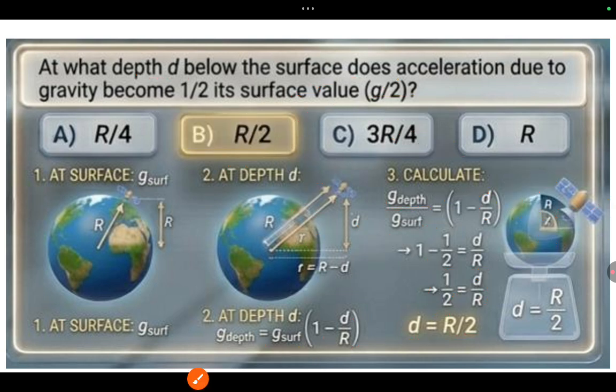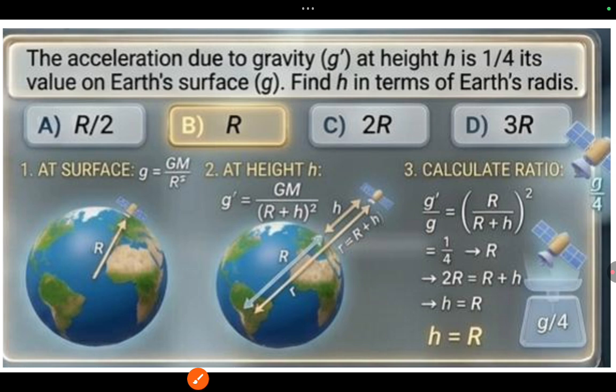You go with the formulas only. The acceleration due to gravity g at a height is 1 by 4 of its value on Earth's surface g. Find h in terms of Earth's radius. First of all, g equals GM by r square. At height, as we know, g dash is GM by r plus h whole square.